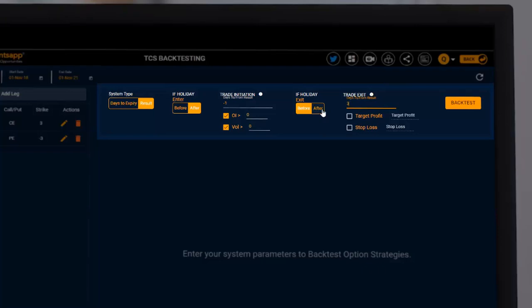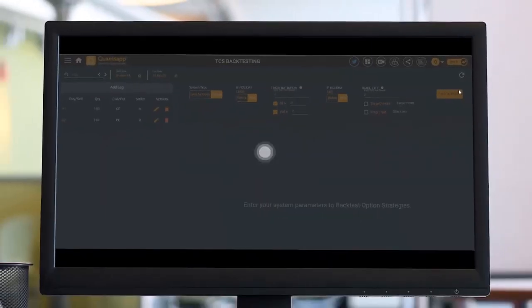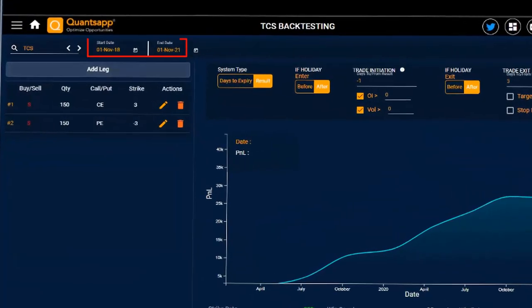If the results are published on a holiday, when we should enter and exit is something the application is asking us. So let's say after. You can keep whatever you want and just click on backtest. So these are the results from 1st of November 2018.